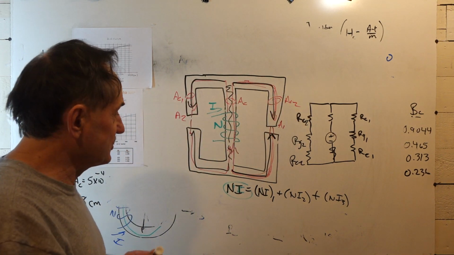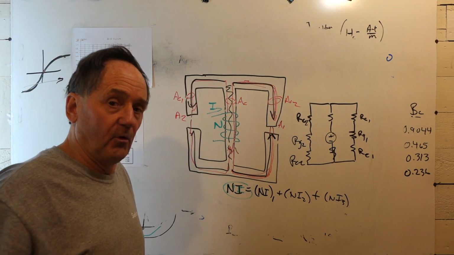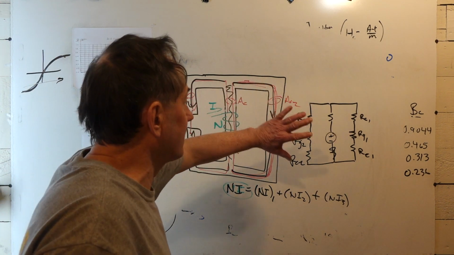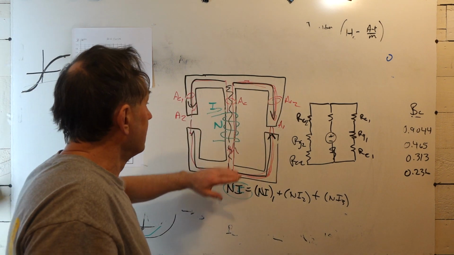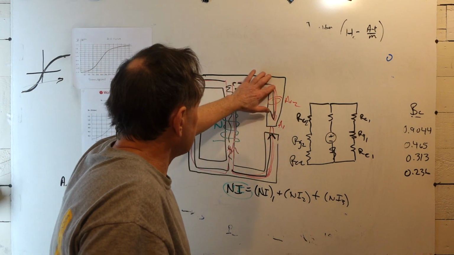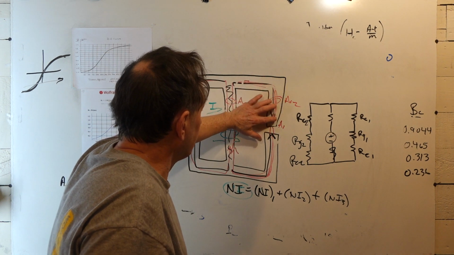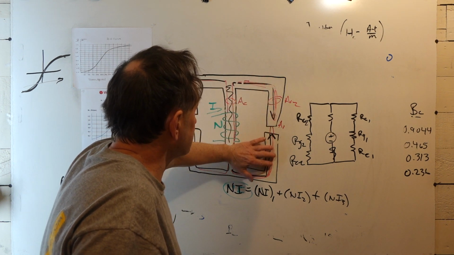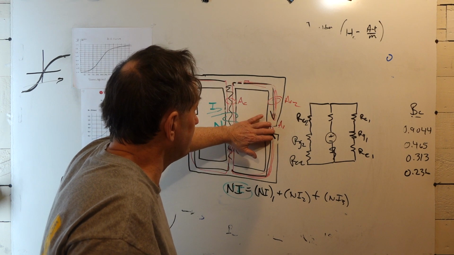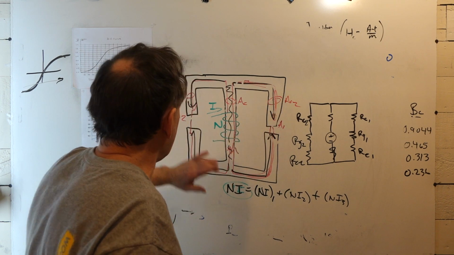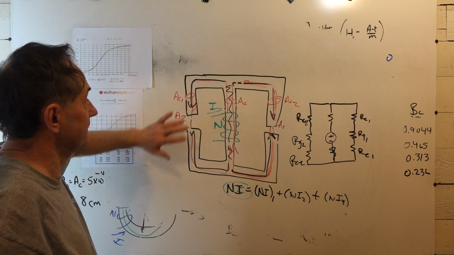But nothing's changed. It's just a little more in terms of housekeeping and bookkeeping on the values. But the important thing is that you have to keep in mind the flux remains constant or continuous going across this boundary between this core and this air gap, and the same thing here.